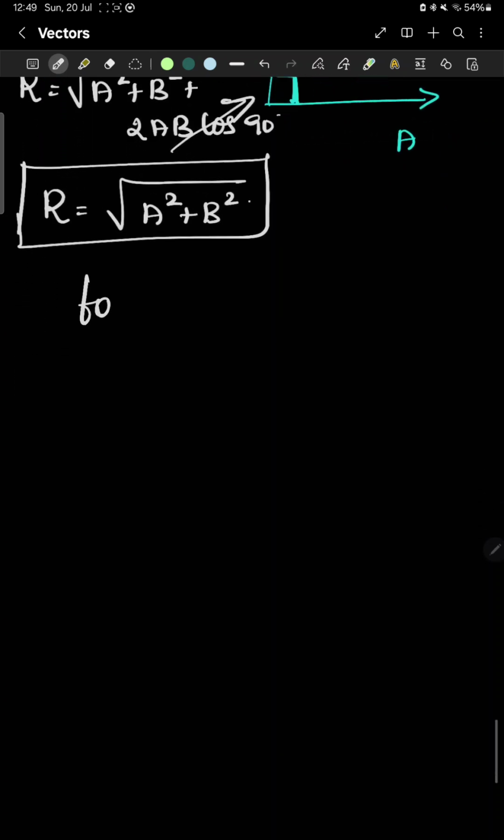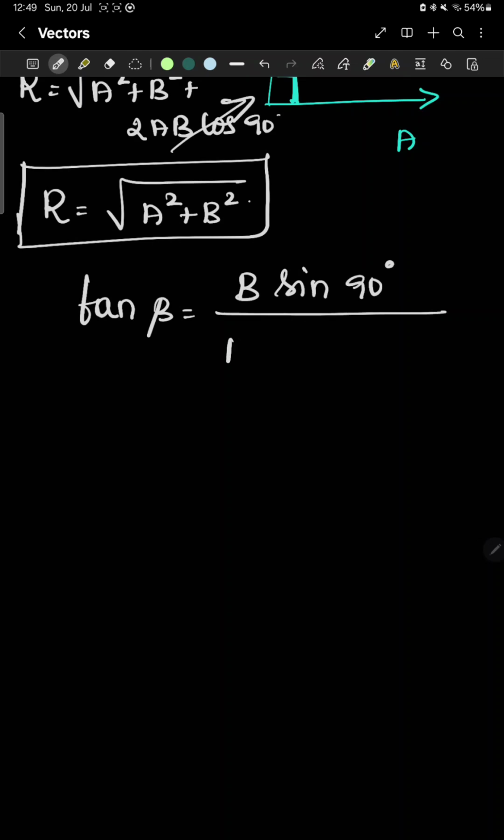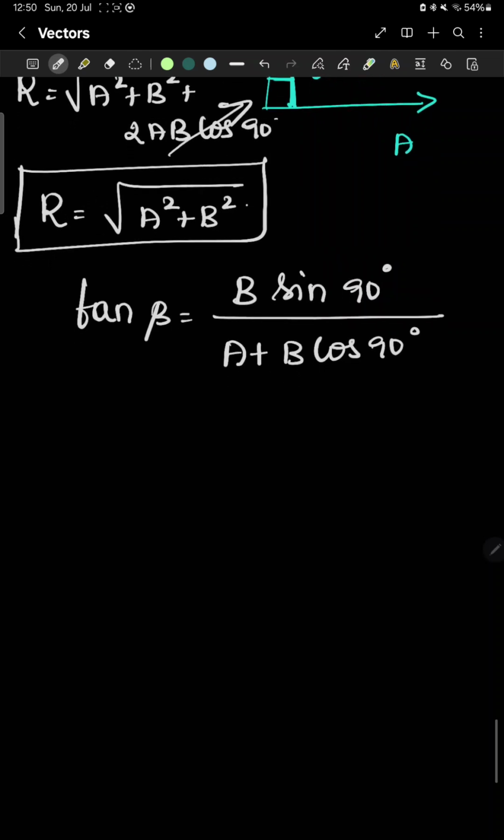And what about the angle? Tan beta is equal to b sine 90 by a plus b cos 90, where instead of theta I have to substitute 90. Now we know that this cos 90 will become 0 and sine 90 will become 1.